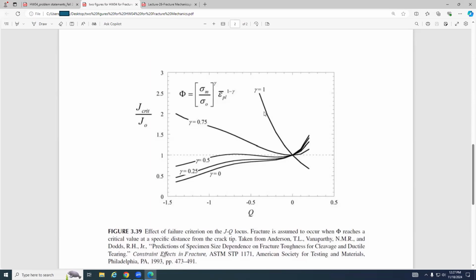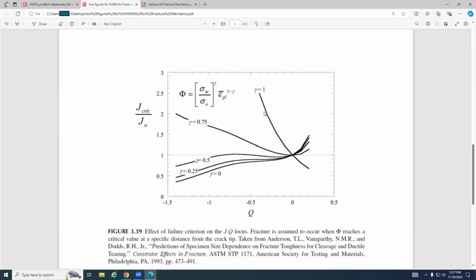Then you get the ratio of T to sigma 0, where sigma 0 is the yield strength. After you get this value, you check this n number. n is the hardening parameter of the material.